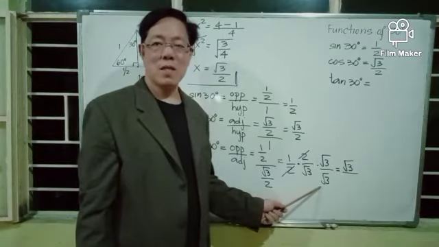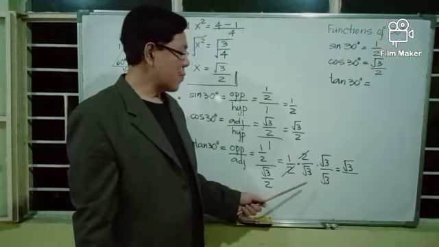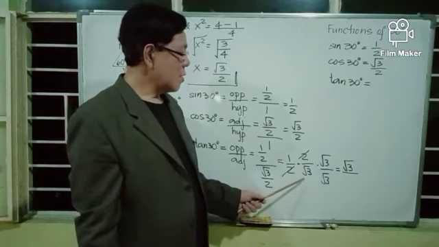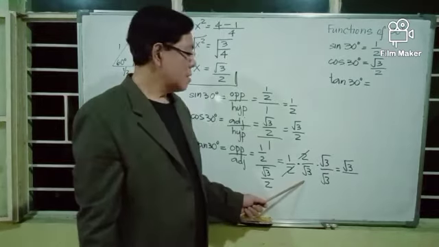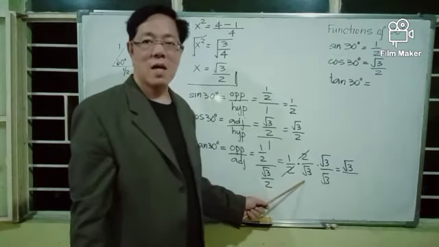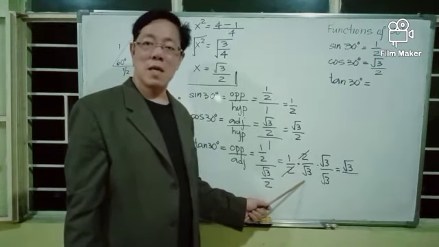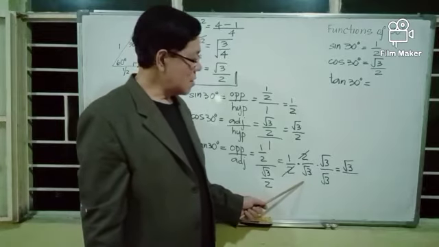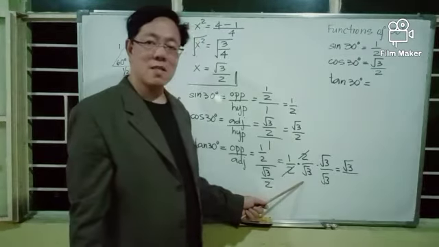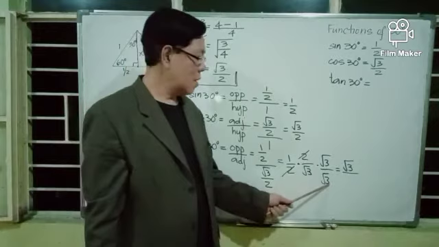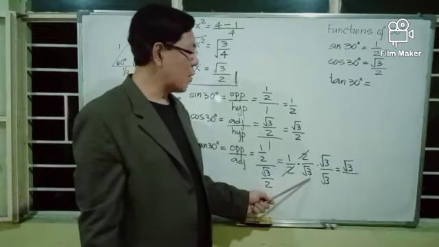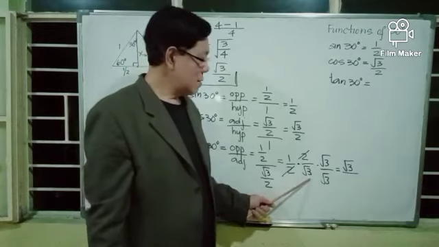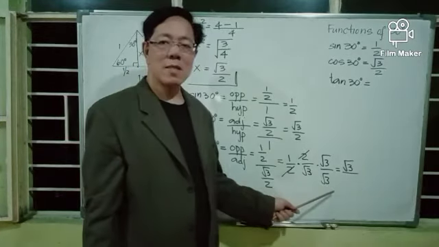By property of radicals, if you are multiplying radicals with common indices, it can be written as a single radical whose index is the common index, and the radicand is the product of the radicands, 3 and 3.